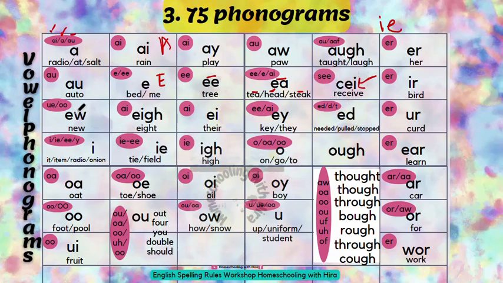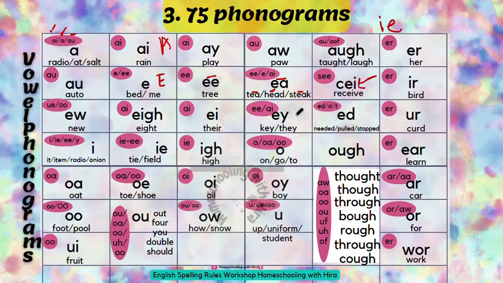Then we have EW saying the U sound. We have EIGH saying the A sound as in eight. EI saying the A sound as in their. Only after C does EI say the E sound, otherwise it says the A sound.